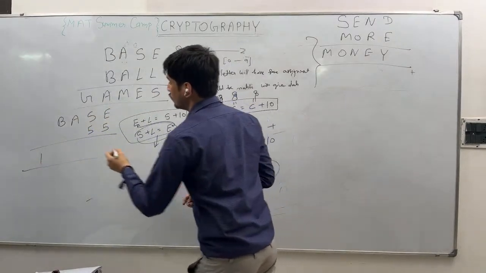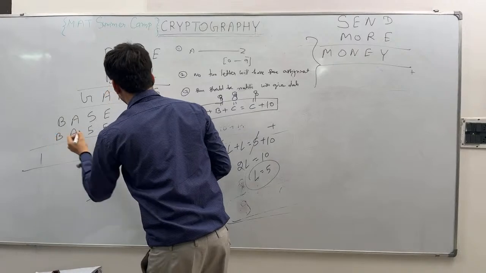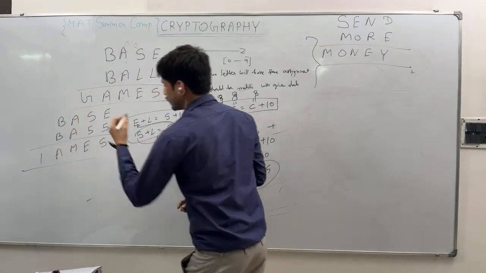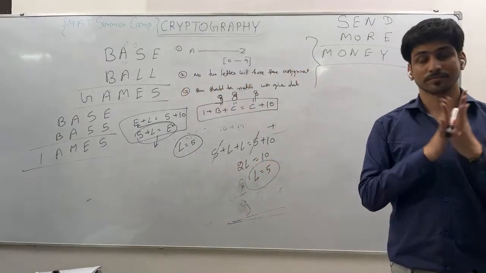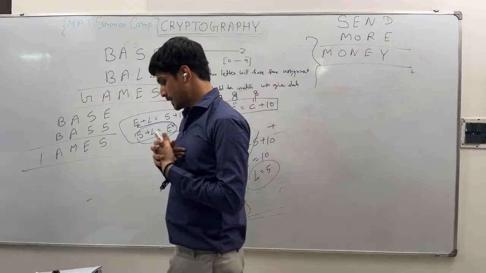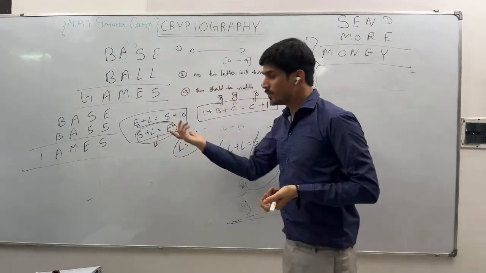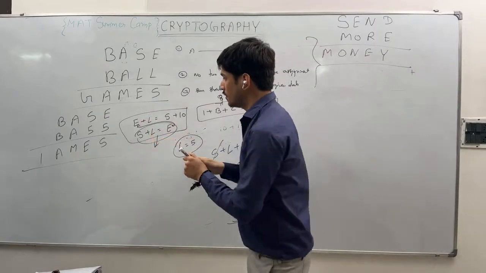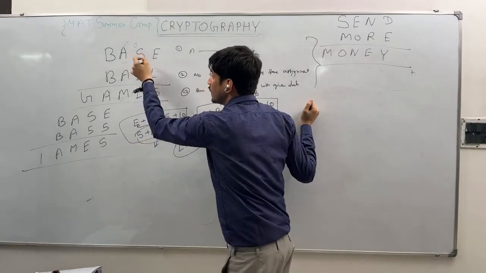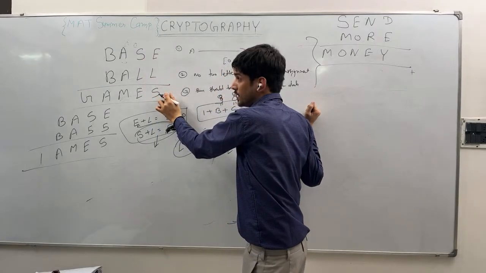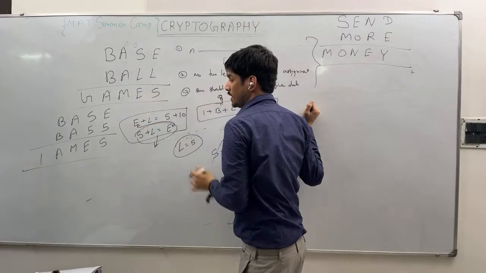Now tell me what is the value of the leftover thing. B. Here we have S, E, M, A. Now you tell me what is the value of S then? S. This one is S. Definitely 3. You see, L is 5. If L is 5, then E plus L has to be S plus 10, and S plus L has to be E. Now all of you try.